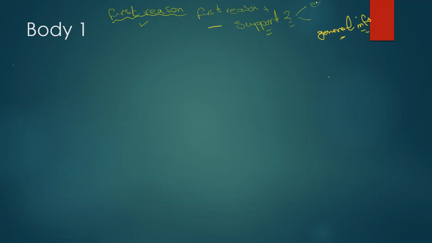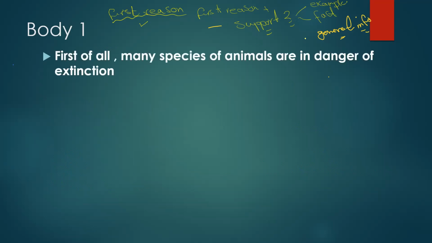They can be examples, they can be facts, can be quotes, the ones we studied in the previous slide. Let's see practically. Here, first of all, is the transitional word. Okay, start with one of the transitional words, first of all, to organize your ideas and to make your writing coherent and fluent.